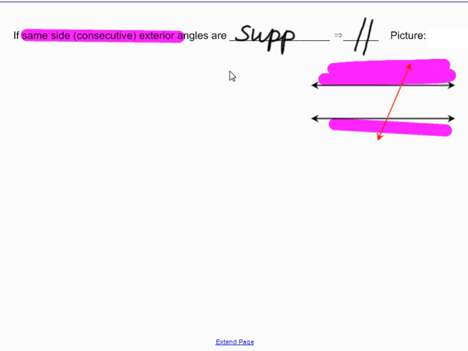So outside, same side. So that would be, let's call this one 70, and this one 110. 70 plus 110 versus the 180.